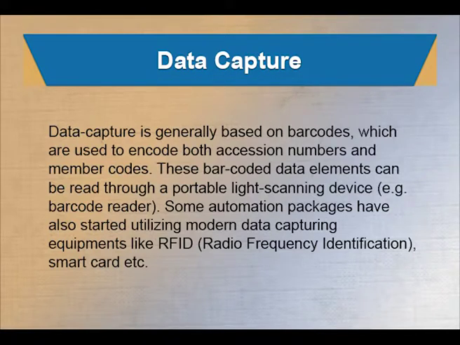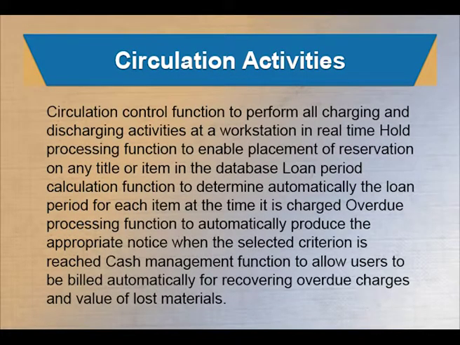These barcoded data elements can be read through a portable light scanning device, normally called a barcode reader, and some automation packages have also started utilizing modern data capturing equipment like RFID (radio frequency identification), smart cards, etc. In an RFID based circulation system, the entire process can run without any human intervention: issue, return, fine calculation, then the fine can be submitted through a payment gateway. All kinds of things can be done automatically.